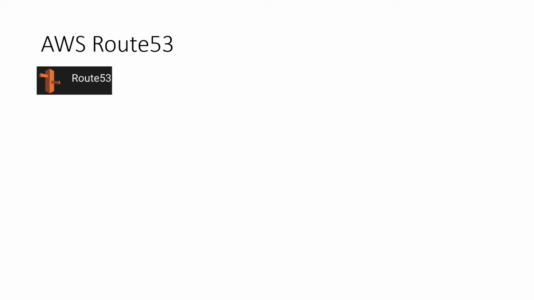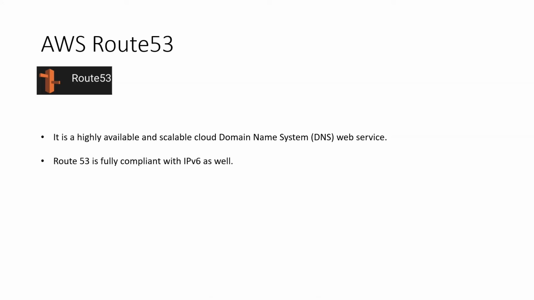Next, we take a look at Route 53. It is a highly available and scalable cloud domain name system web service, meaning it handles the DNS. Route 53 is fully compliant with IPv6 as well. It offers domain name registration services.